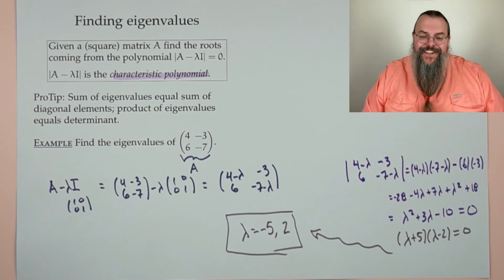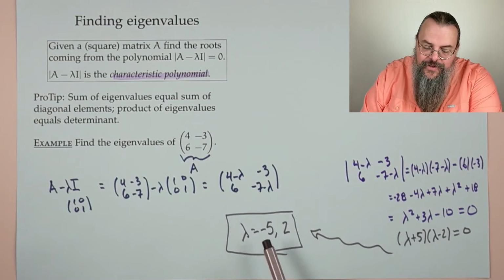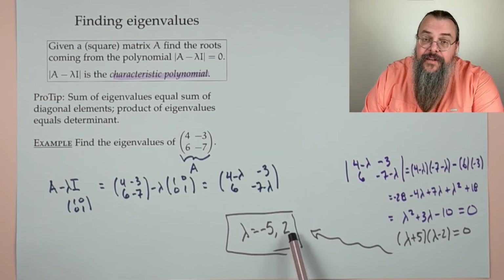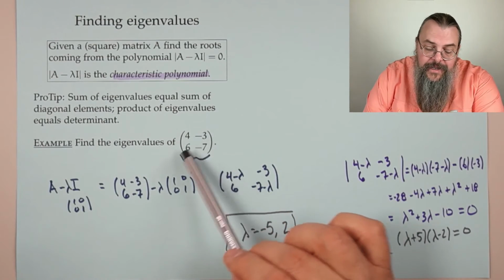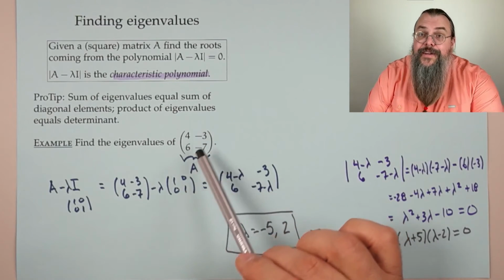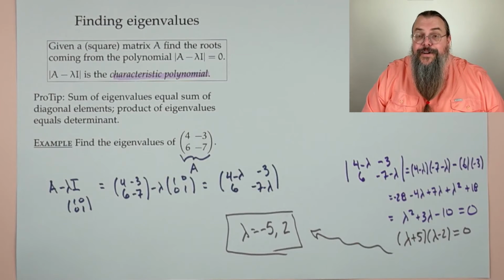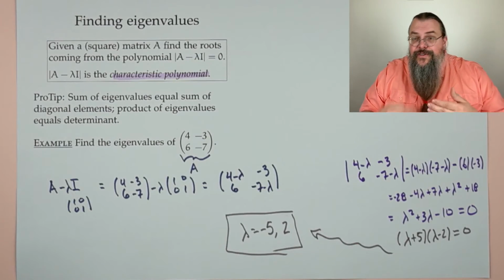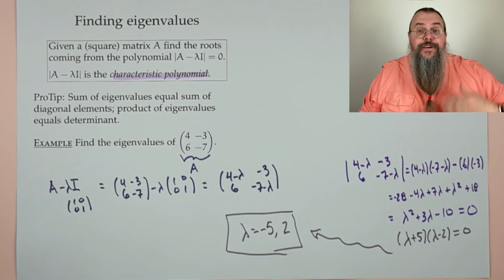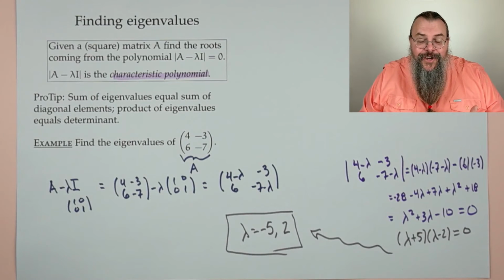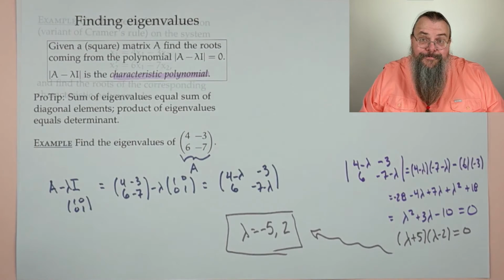No, it's not a coincidence. You can also, if you multiply these, you get negative 10. And now take the determinant. Minus 28, subtract minus 18 is negative 10. Another coincidence? No. So there are some small checks you can do. And of course, the most important thing is don't rush. Take your time. You'll be fine.